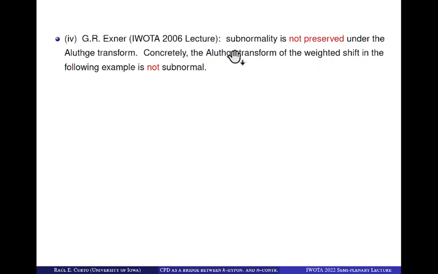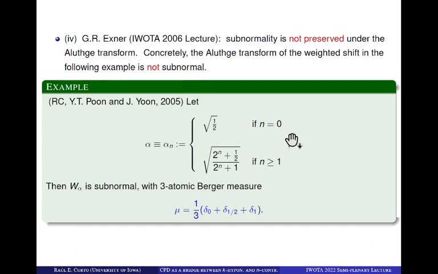Now, Exner showed that subnormality is not preserved by the Aluthge transform. Concretely, he found an example. Here is the example.